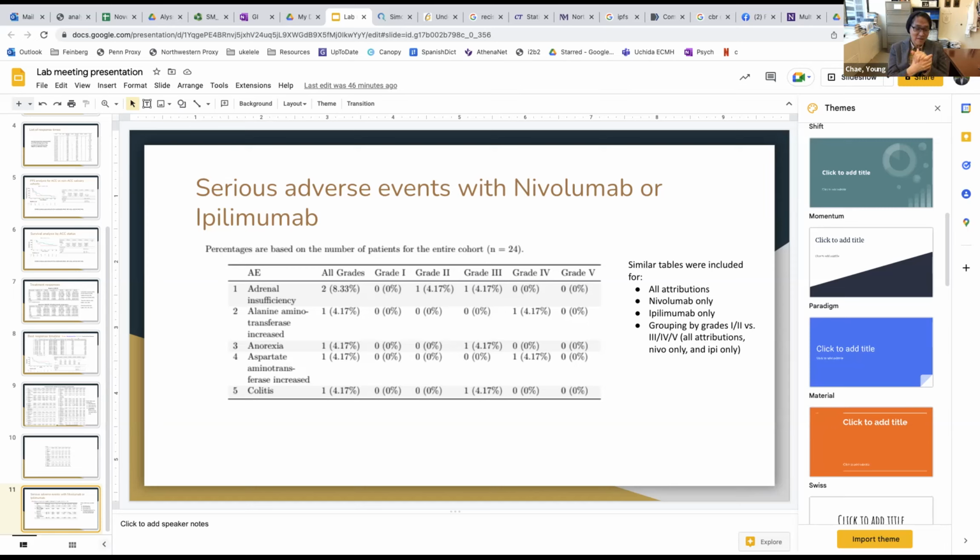That's why I'm still the PI of this trial. We enrolled 24 patients, which is a lot for a single institution trial. And I see these patients that are still on.